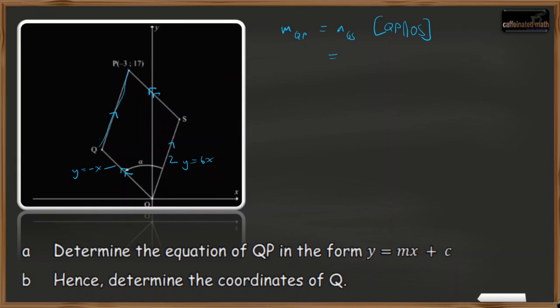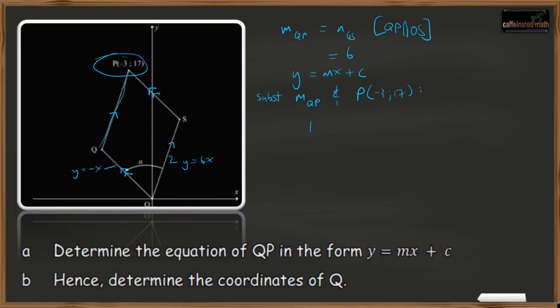So the gradient of QP is just equal to 6. And of course I have a point over here, so I'll just use y is equal to mx plus c and then sub in the gradient of QP and P, which has coordinates minus 3 and 17.